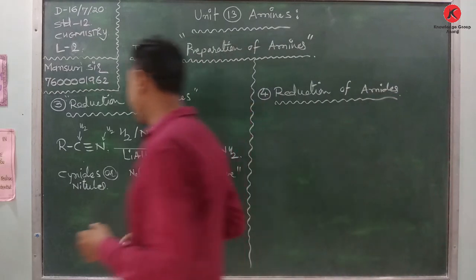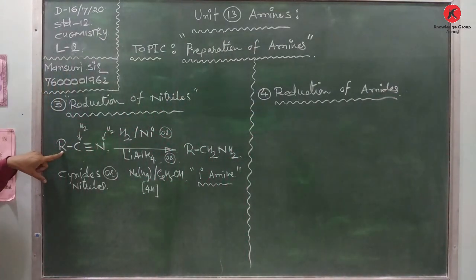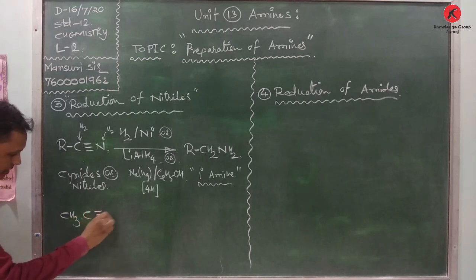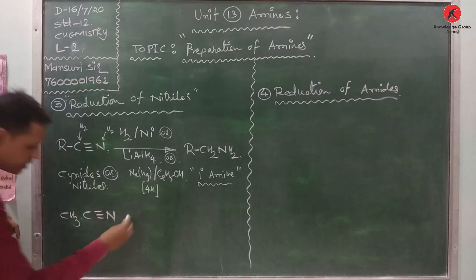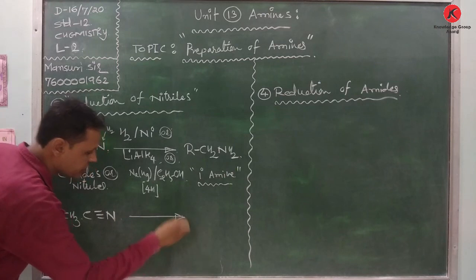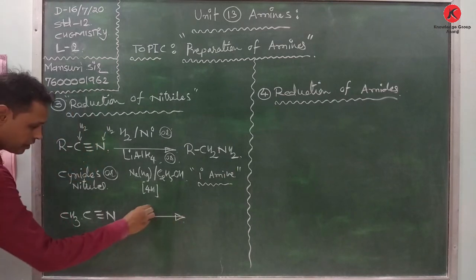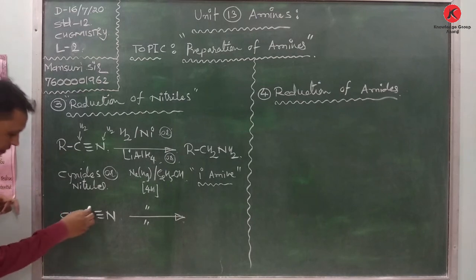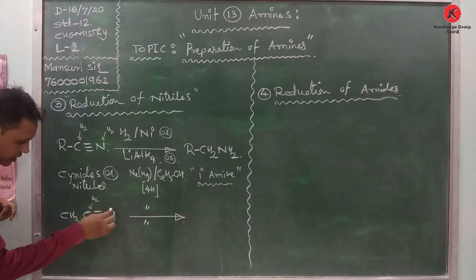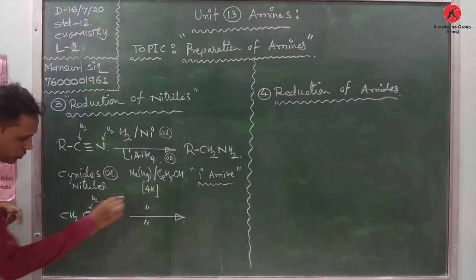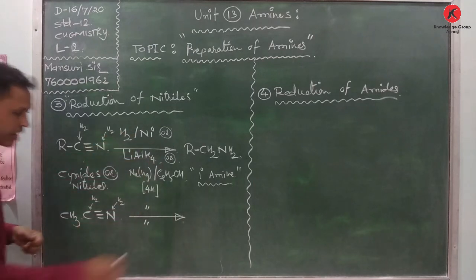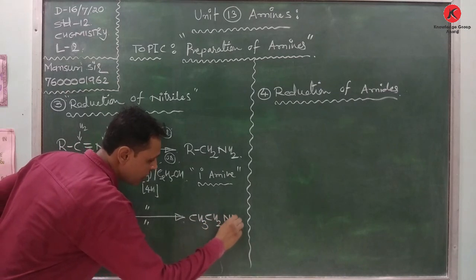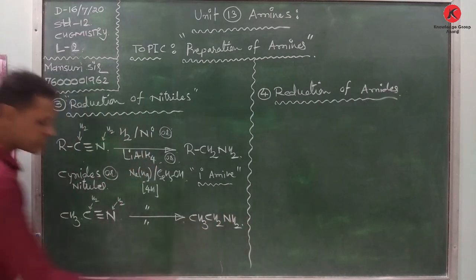Now we will discuss the examples. Here R is given, whenever we are taking CH3 C triple bond N, this reactant will be used. Now what will form? Carbon will have 2 hydrogen, nitrogen will have 2 hydrogen after reduction, and we get CH3CH2NH2. This is ethanamine.